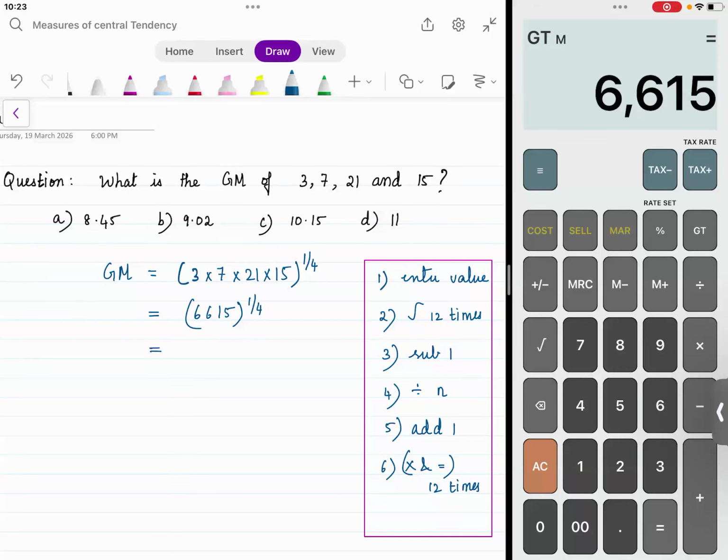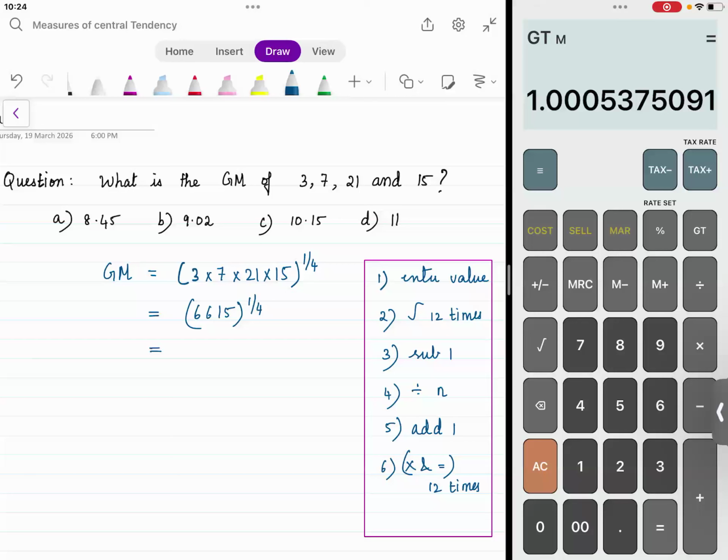Okay, so let us enter the value 6615. I've entered 6615. I'm going to press root 12 times. 1, 2, 3, 4, 5, 6, 7, 8, 9, 10, 11, 12. Then I'm going to subtract 1, and then divide by 4, and then add 1.